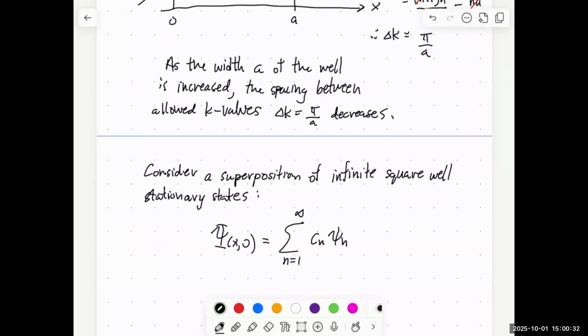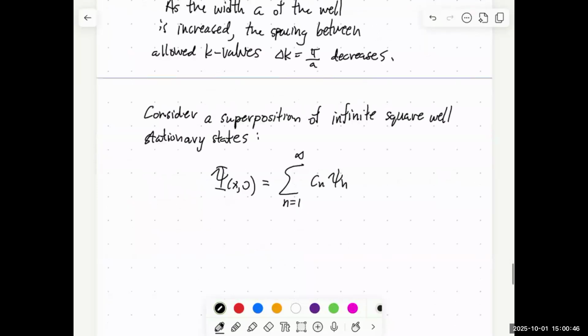If we go to really small n or really large n, we'll be at the tails of our Gaussian, and those aren't contributing much. It's only the stuff near the peak that's going to matter. So we're going to take C_n as being drawn from a Gaussian distribution.